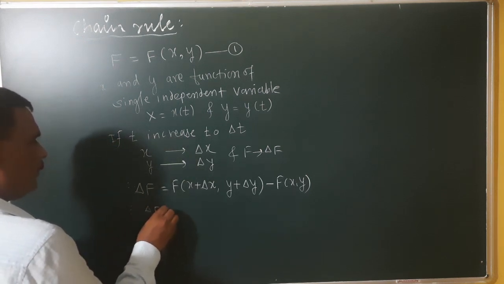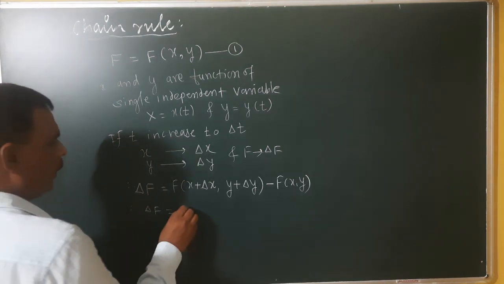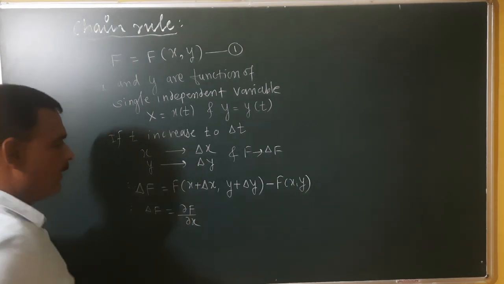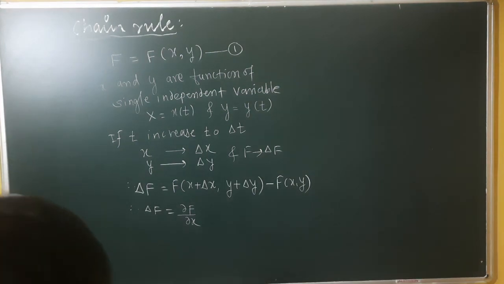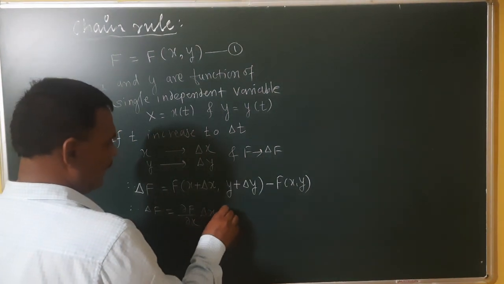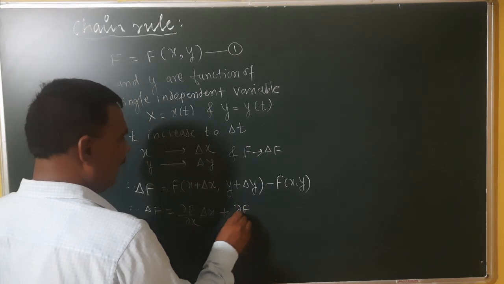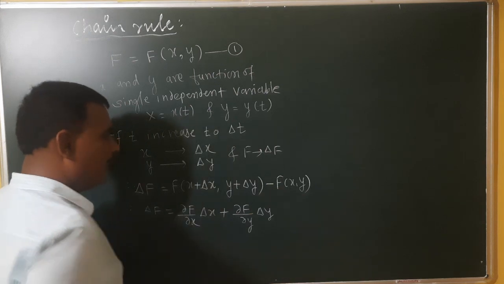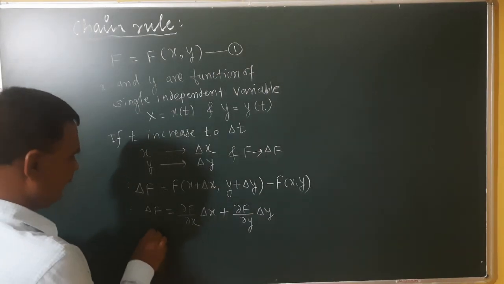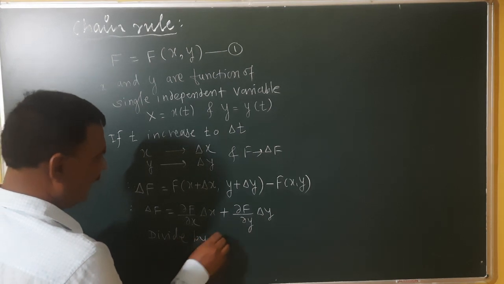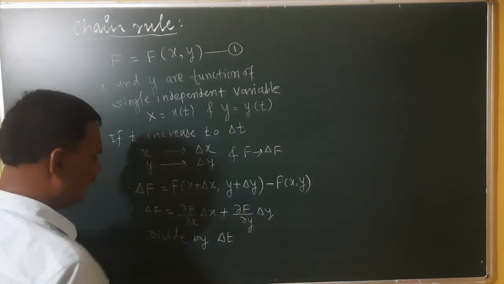delta f is equal to dou f by dou x into delta x plus dou f by dou y into delta y, divided by delta t.